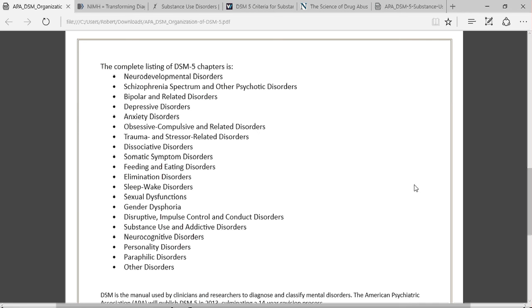There are a couple sections in this book that just really confuse me. Under the sleep disorders heading, sleep-wake disorders right here, you've got sleep apnea. Now, sleep apnea is a medical condition. It's not a mental disorder. There are a number of these, narcolepsy, which is not a mental disorder, it's a medical disorder.